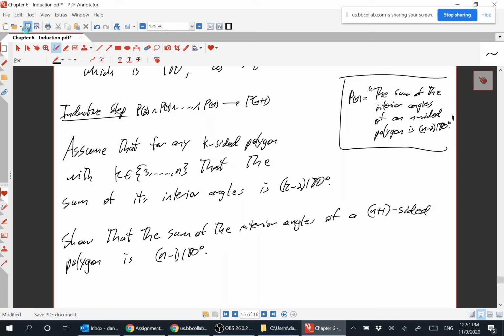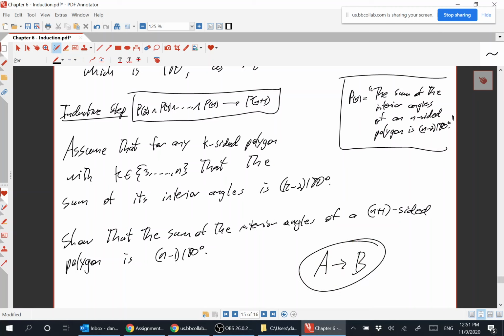So we're assuming, so again, this is an implication statement. How does one prove an implication statement to be true? How does one show that the statement A implies B is true? There are three strategies: directly, contradiction, and contrapositive.